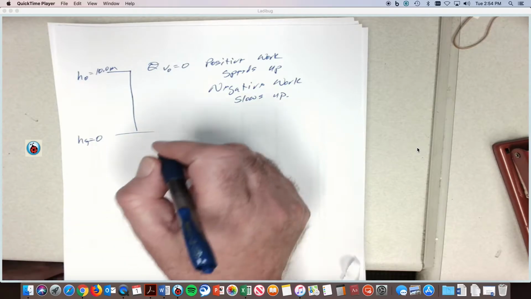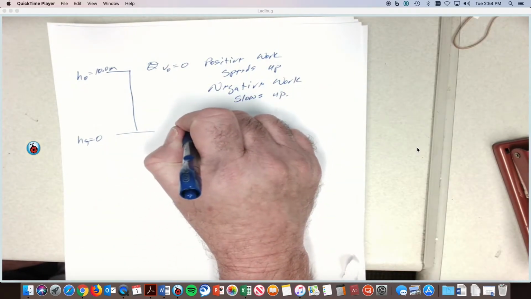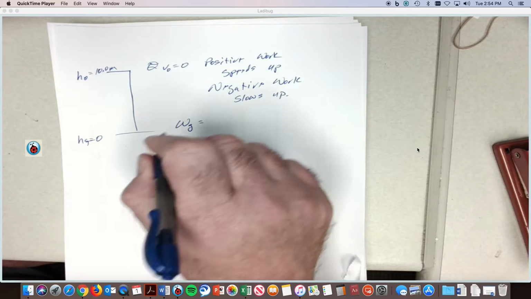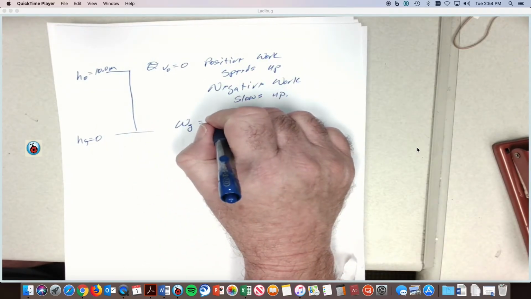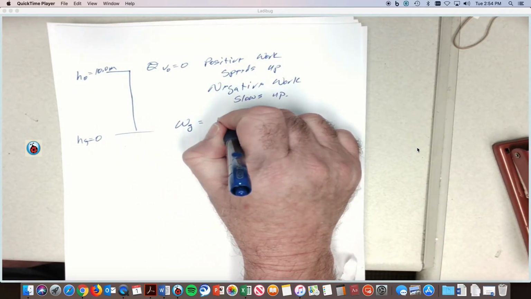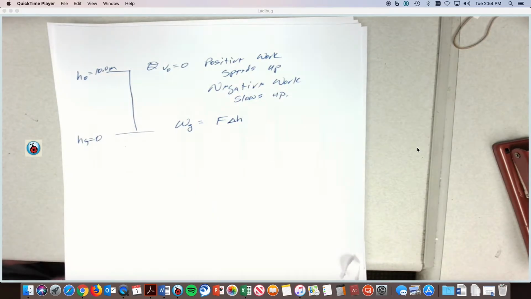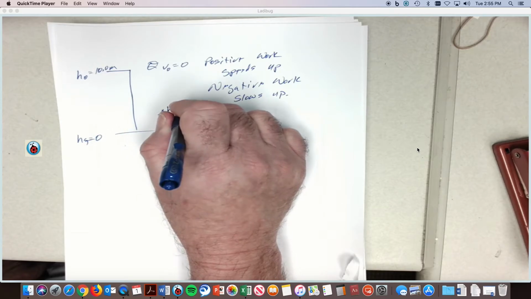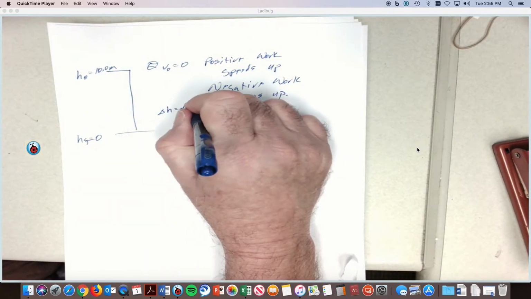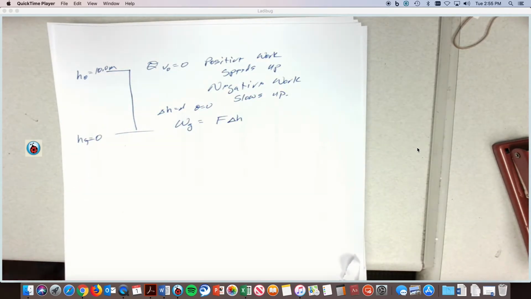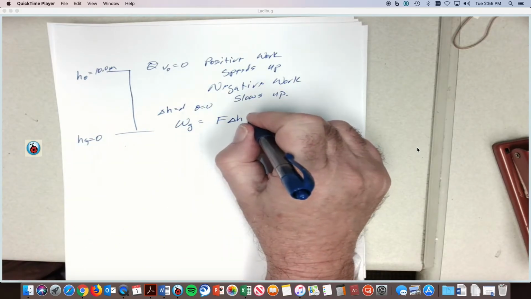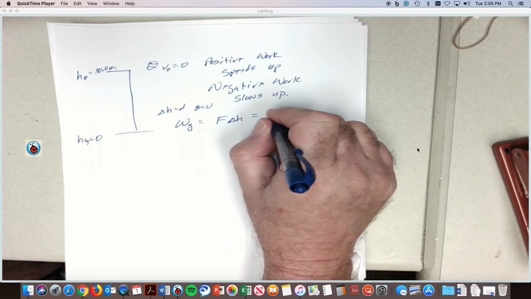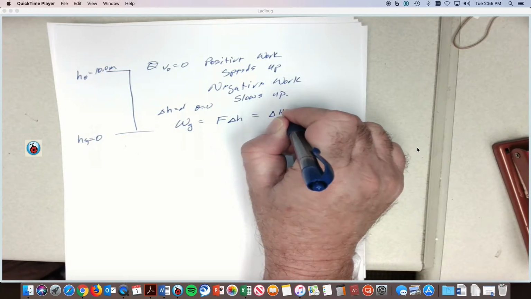Okay, so let's look at the work done by gravity. Work done by gravity equals the force of gravity times the displacement, the change in h, which is the same thing as d, and the cosine of the angle, which is 0, so cosine is 1. That should equal my change in kinetic energy.